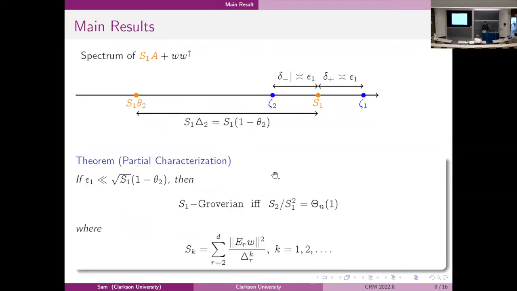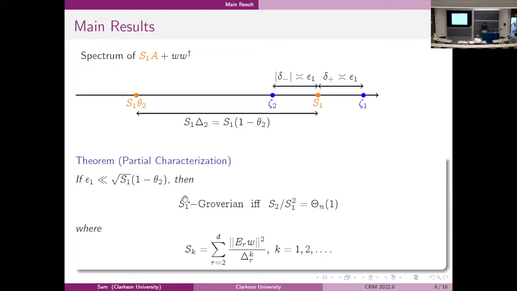Okay, so if we can pose this condition here, epsilon is much less than square root of S1 times 1 minus theta 2. That is the spectral gap. This condition would force the second largest eigenvalue to be far away from S1, and the perturbed eigenvalue would have a chance to line up with the first spectral gap.